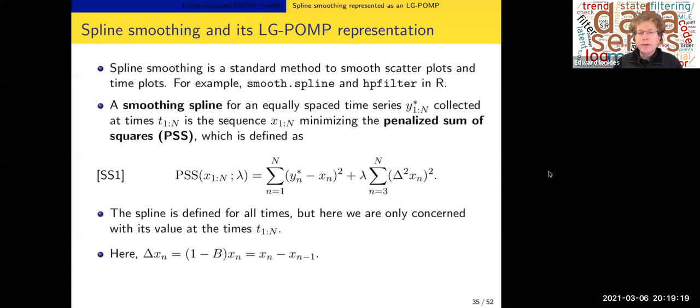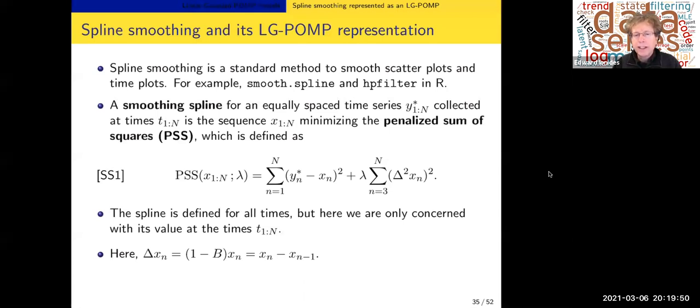Now we're going to introduce a linear Gaussian model. It won't be immediately obvious that this is the same thing, but that's what we have to show. And our linear Gaussian model is given in equations SS2 and SS3, where SS2 looks a little bit like a second difference operator, right? If we shift the 2x_{n-1} minus x_{n-2} to the left, we'd have the second difference operator of x_n equals epsilon_n.